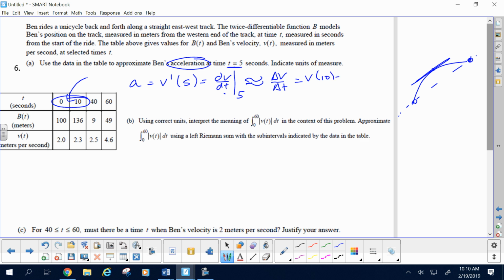Over that interval, velocity changed by positive 0.3 meters per second over 10 seconds. So a good estimate of the rate of change is 0.03 meters per second.